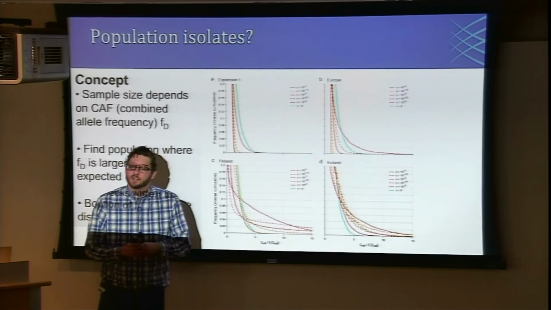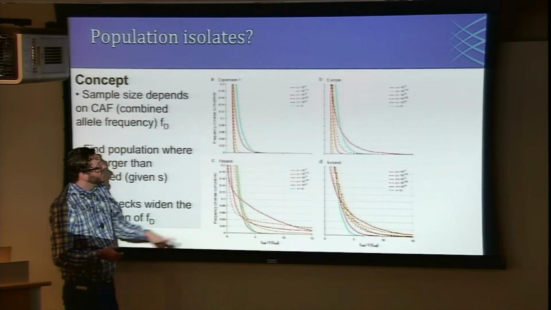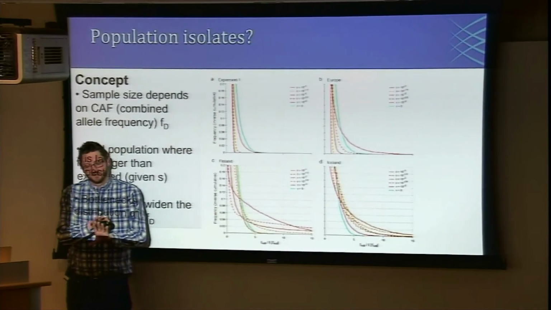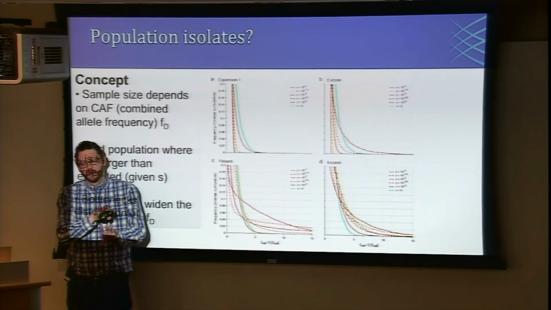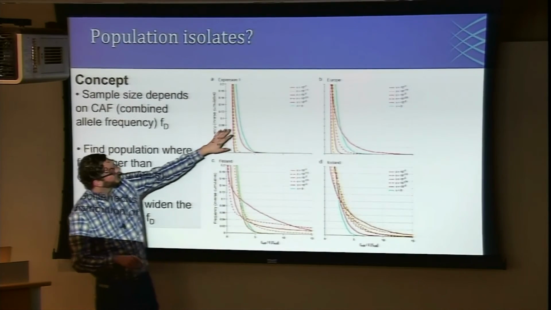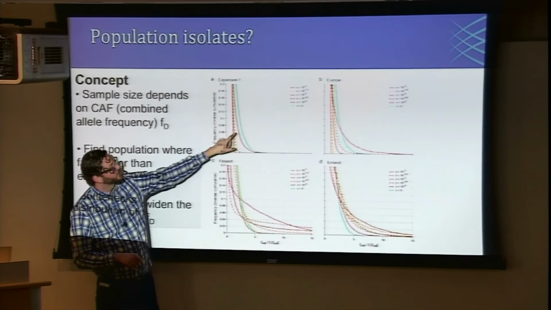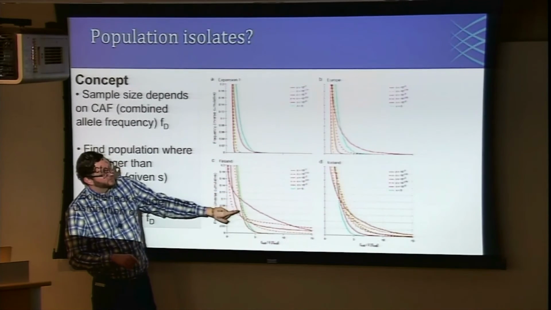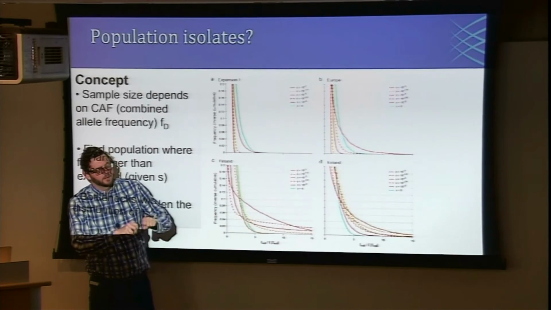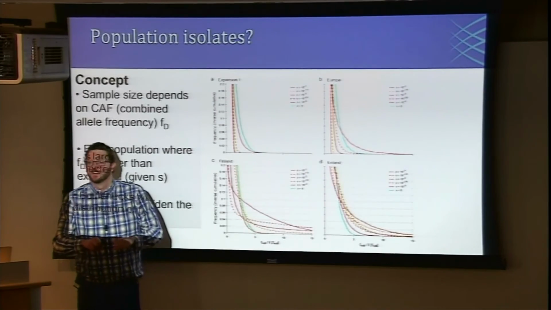Duncan, you had a question. Why do the lines cross? It's confusing, isn't it? I think it has to do with the way the demography gets modeled. It has to do with the size of the bottleneck, right?